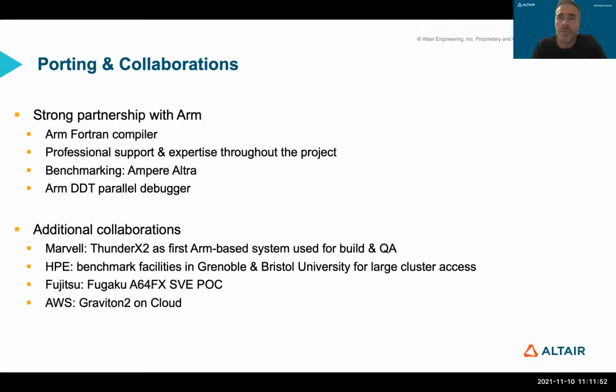For example, I talked previously about the option to allow parallel arithmetic reproducibility. At the beginning of the porting, this was not achieved on ARM. We were able to address this issue with help from the ARM team and their compiler experts, who gave us recommendations to keep this functionality working on ARM, which was greatly appreciated.